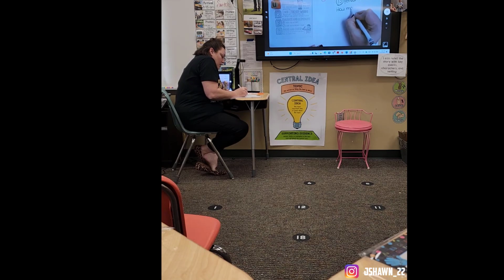How many more yellow dresses are there than pink dresses?